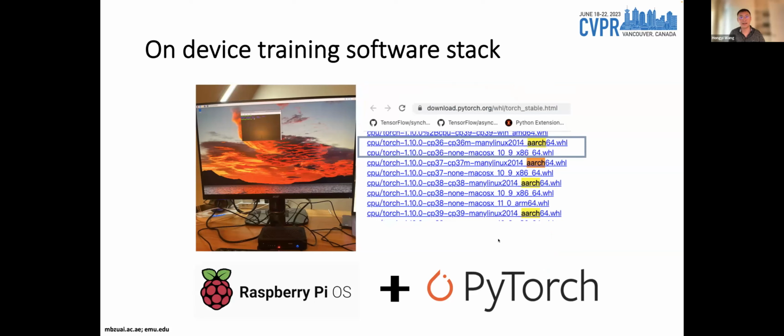PyTorch has already done quite a good job of coming up with ARM bindings that can be directly compiled on a Raspberry Pi board, and you can just run PyTorch. The Raspberry Pi also comes with a Raspberry Pi operating system, very similar to Ubuntu. So running things on a Raspberry Pi is super easy, as easy as running something on our own laptop.